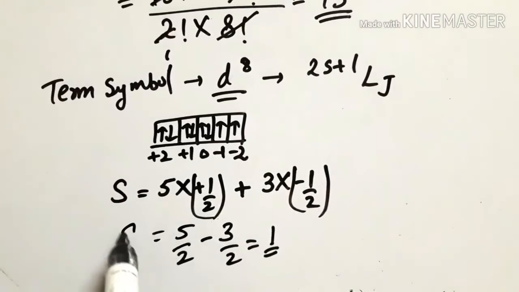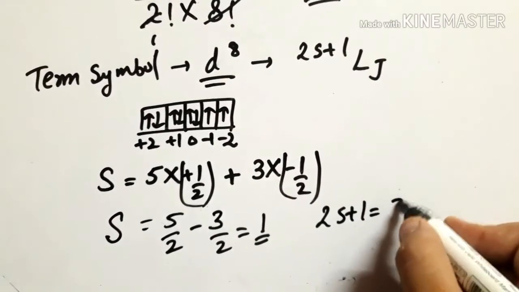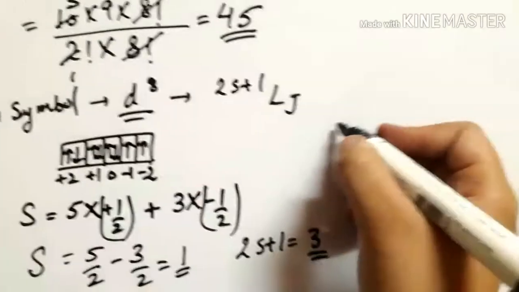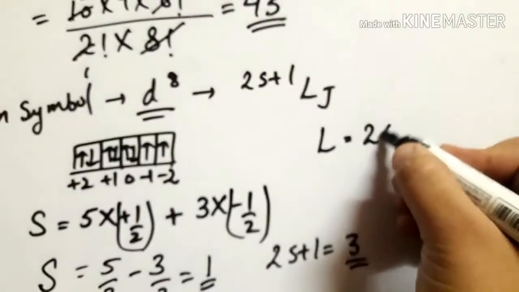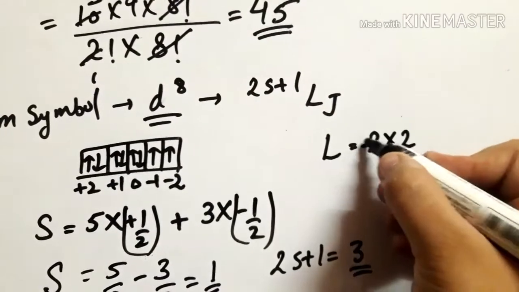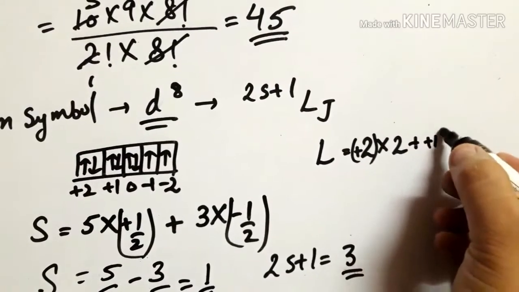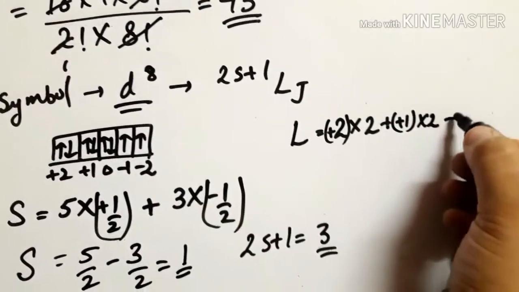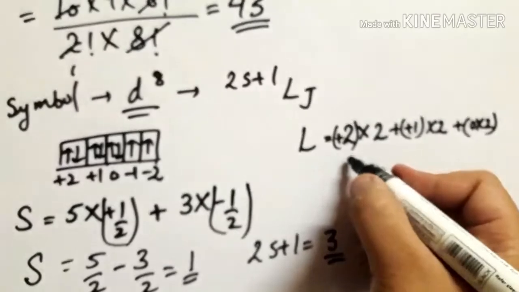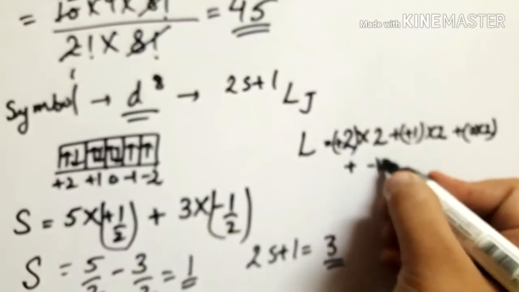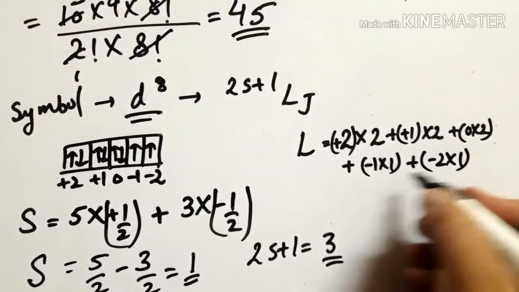So S is 1, hence 2S plus 1 is 3. Now the value of L can be calculated as 2 multiply 2, plus 2 multiply 2, plus 1 multiply 2, plus 0 multiply 2, and plus minus 1 multiply 1, plus minus 2 multiply 1.